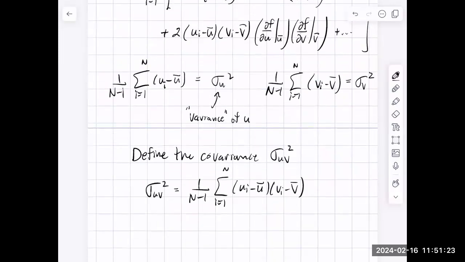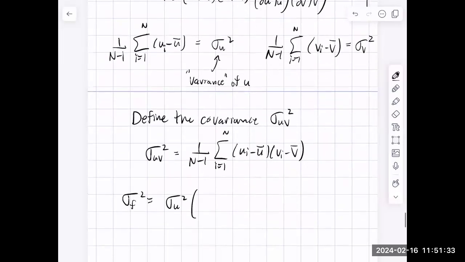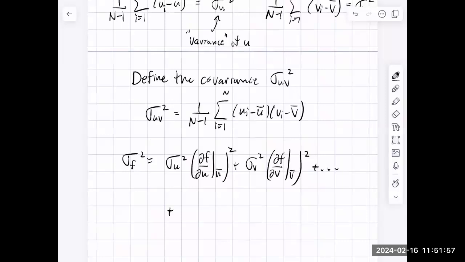So in that case, we would say that sigma f squared is going to be equal to sigma u squared times the derivative of f with respect to u evaluated at u bar, and then the same thing for the v variable. So I forgot a square here, so the derivatives get squared. And then there might be more terms like that for w and so on.